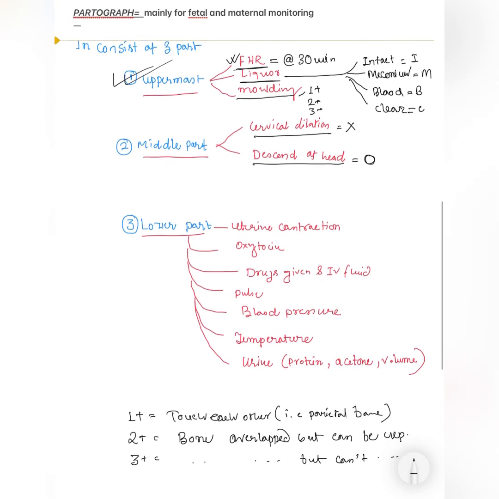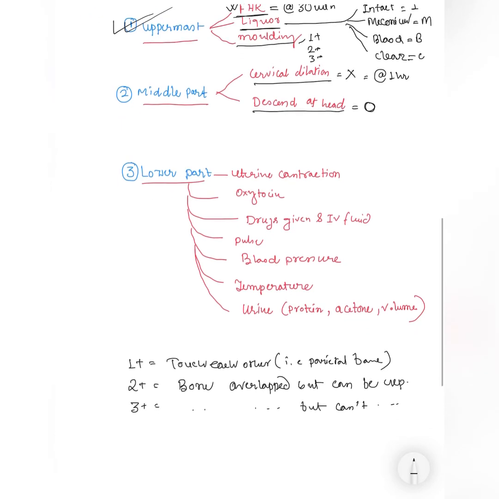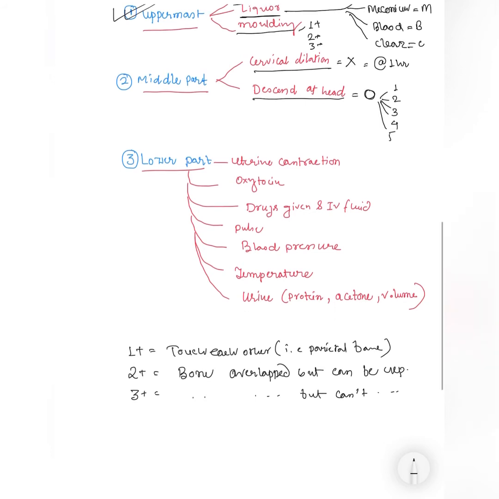Cervical dilatation should be recorded every 1 hour, and we will discuss its clinical importance later. Descent of head is marked at 1, 2, 3, 4, 5, determined with respect to the ischial spine, how much it is above or below the ischial spine.